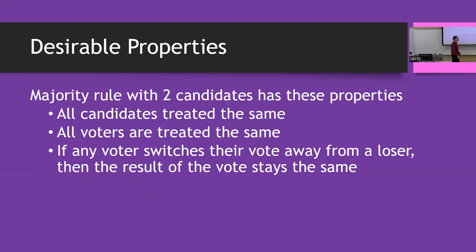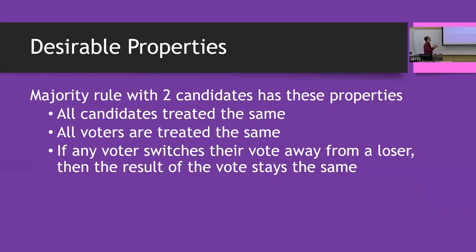Now, majority rule, when you only have 2 options, is a great system. It has all of the real desirable properties that we want in order to treat things fairly. If we have only 2 representatives, then they're treated the same. Everybody gets a choice on 2. All voters are treated the same. Every vote counts the same.